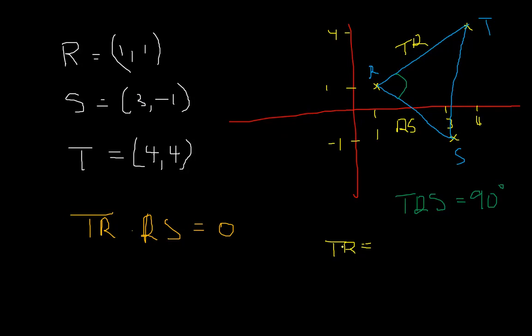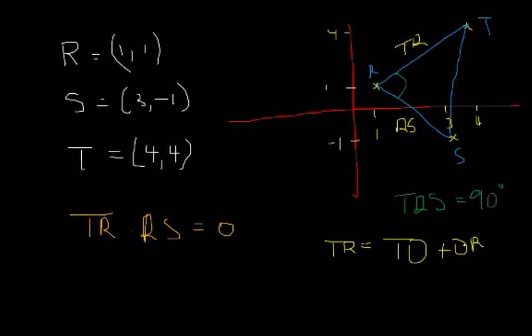Dot product to find TR? Or we could just use T and R. Oh wait, miss, we can just add the X and the Y values? Well, it has to do something with vector addition. So TR would be TO plus OR. Do you remember that?